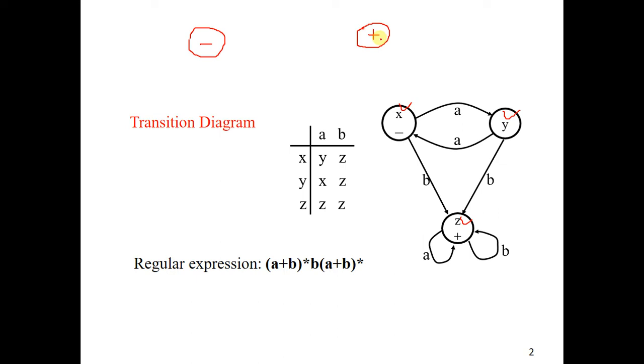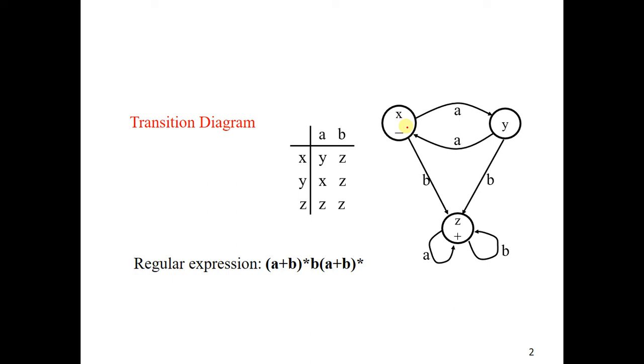So for instance, let's study this automata, this diagram. This is the starting state, you will always start from here, and if you read A, you will move to the state Y, and if you read B, you will move to the state Z. Keep in mind all the time when you start with a state, you will have to check all the paths for all the possible letters.